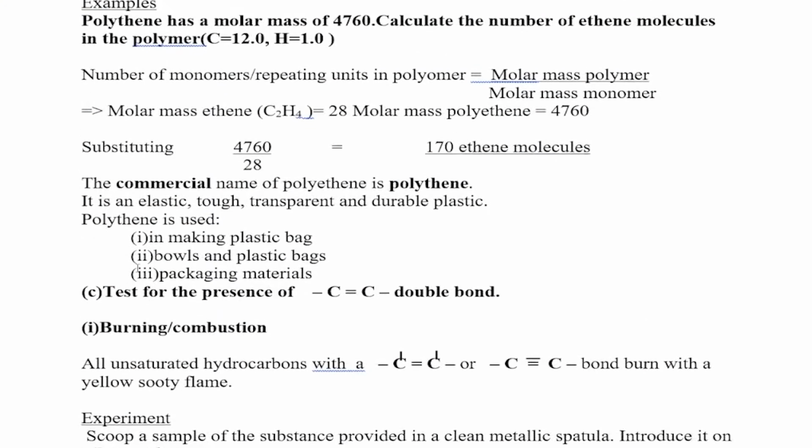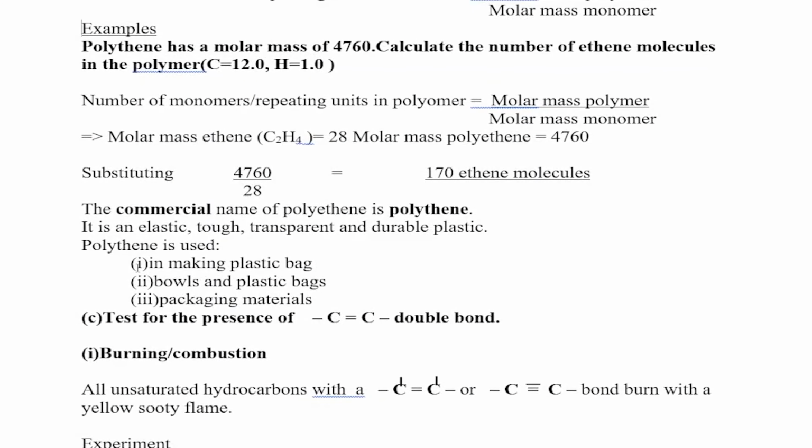And the number of monomers forming that particular polymer can easily be calculated using the example that you can see on my screen. For example, polyethylene has a molar mass of 4,760. Calculate the number of ethylene molecules in the polymer. So what I do here, I calculate the molar mass of the repeat unit, C2H4, which is 28.